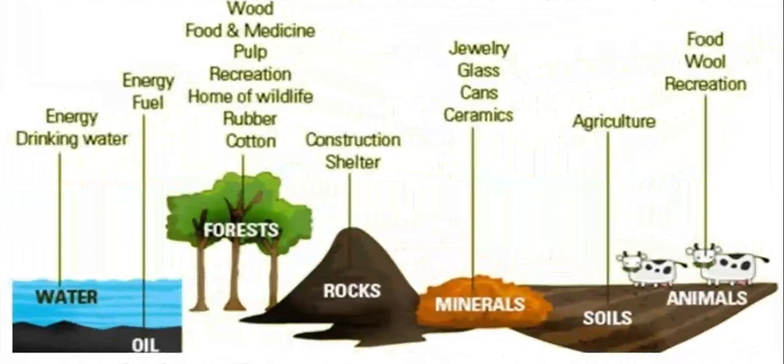Minerals are used in making of jewelry, glass, and cans. Soil is used for agriculture, and from animals we get food and wool.